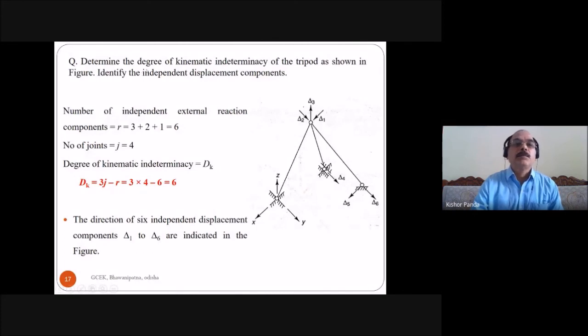Then coming to another example. Determine the degree of kinematic indeterminacy of a tripod as shown in the figure. Identify the independent displacement components. Here you see how many reaction components here? 3. Because this is your hinge support, this is your pin jointed space frame. Here the number of reactions is equal to 3.